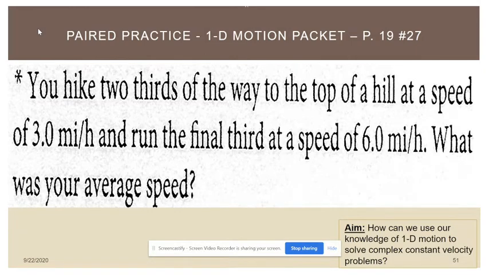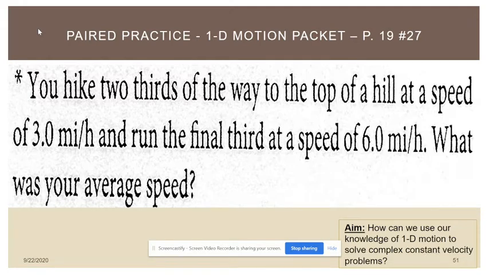And the most common answer we get, first at least, every year without fail, is 4.5 miles an hour. And I say, why? And they say, well, the first speed that's given is 3, and the second speed that's given is 6. And so the average of those two numbers is 4.5. Makes sense. It's wrong, but it makes sense.